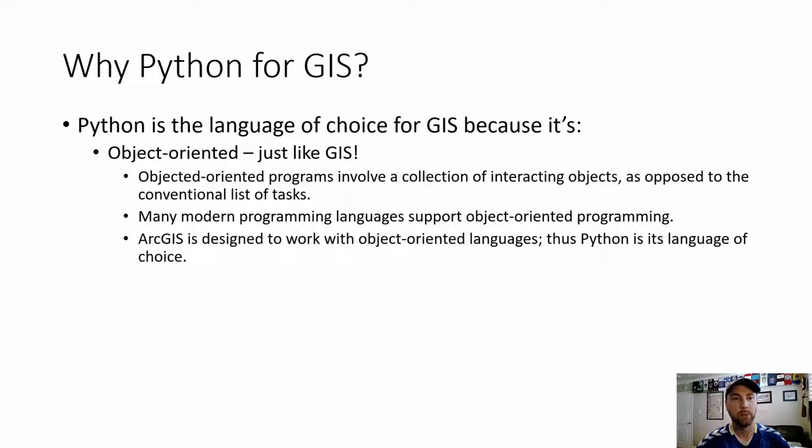Okay, so when we're talking about Python, each of these commands is essentially an object, and each of these variables is an object, and it's all about how these variables interact with these commands. So many modern programming languages support object-oriented programming, and ArcGIS is designed to work with object-oriented languages, thus Python is its language of choice.